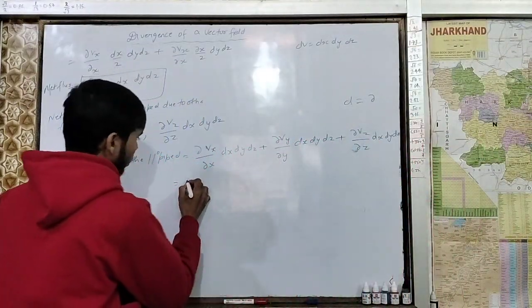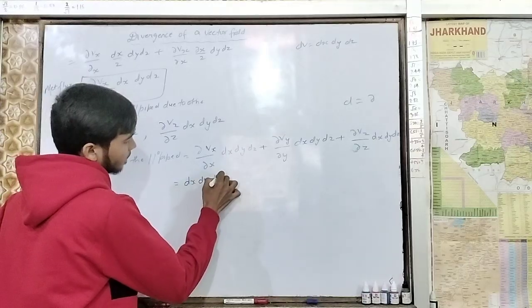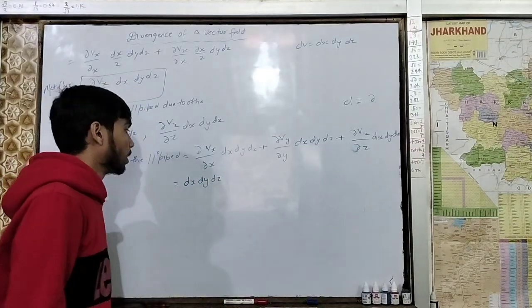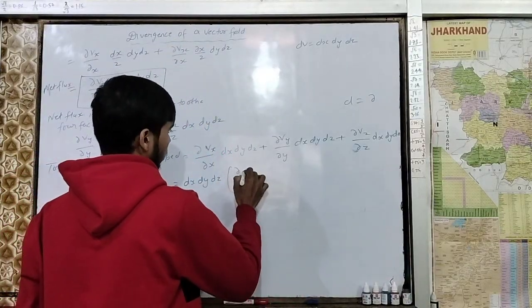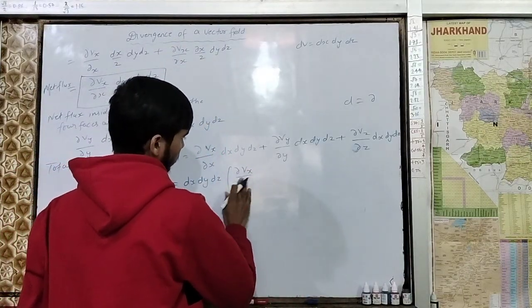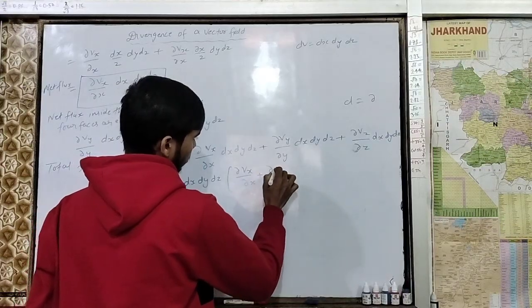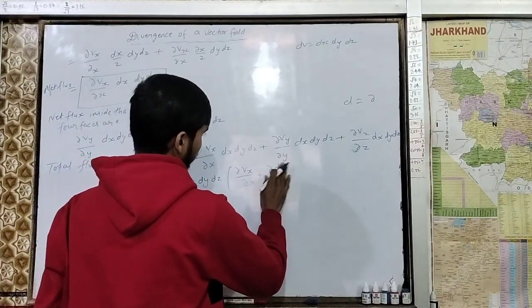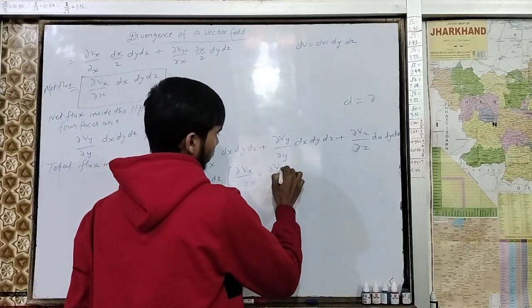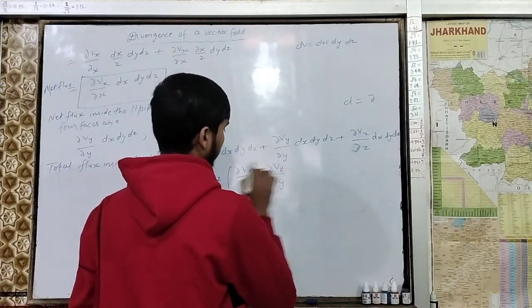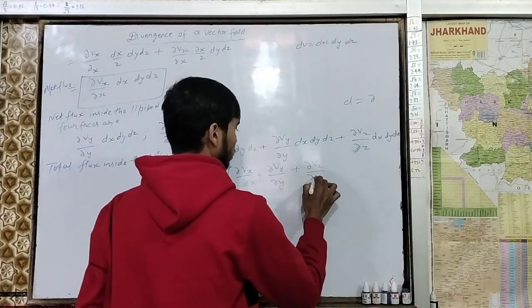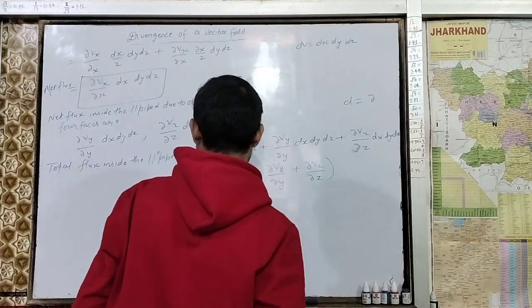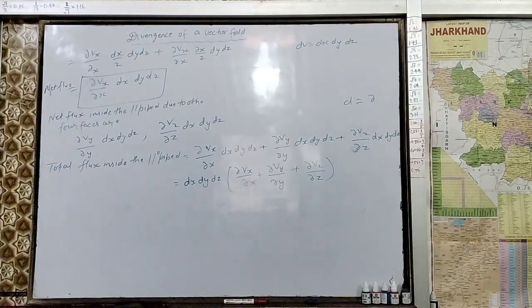So we can write dx dy dz outside, times ∂vx/∂x plus ∂vy/∂y plus ∂vz/∂z. This is the last thing.